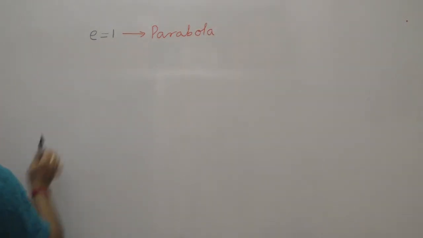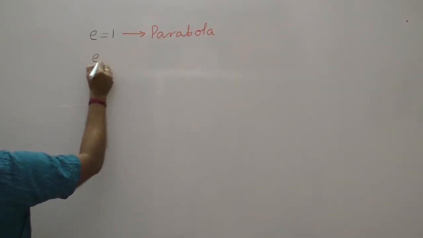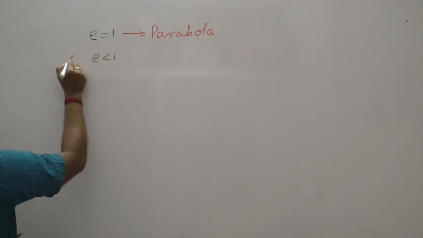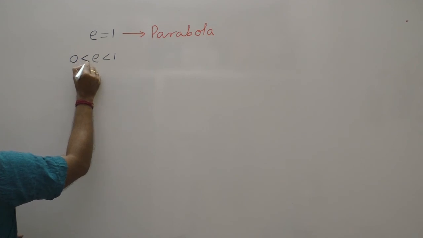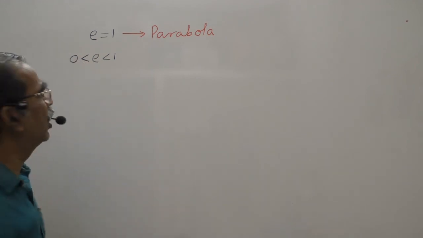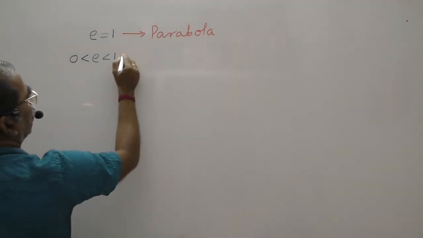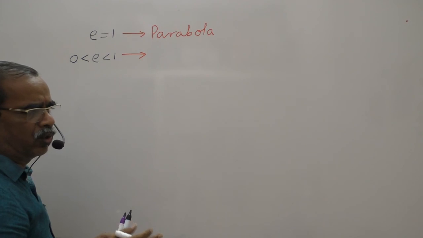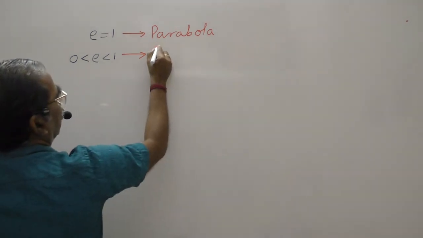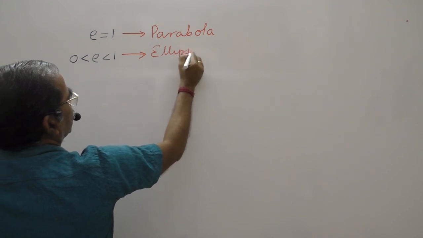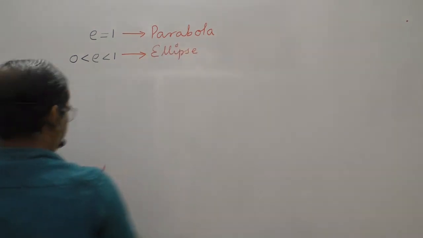If E is less than 1, you can also write 0 less than E less than 1. In this case, if the eccentricity, the constant ratio, is a number less than 1, then the conic is given the name ellipse.